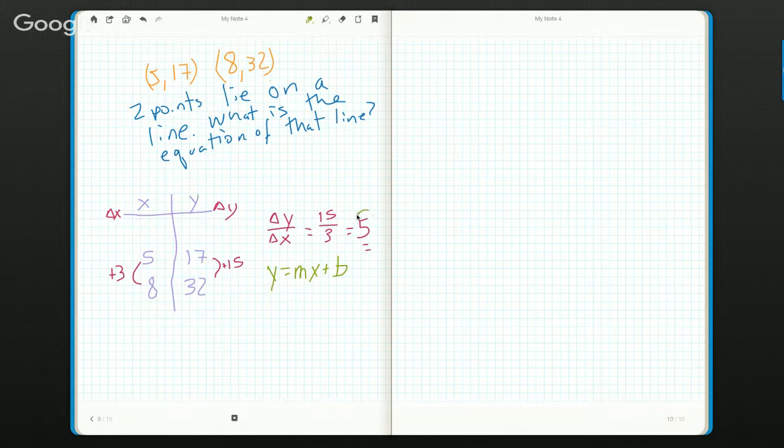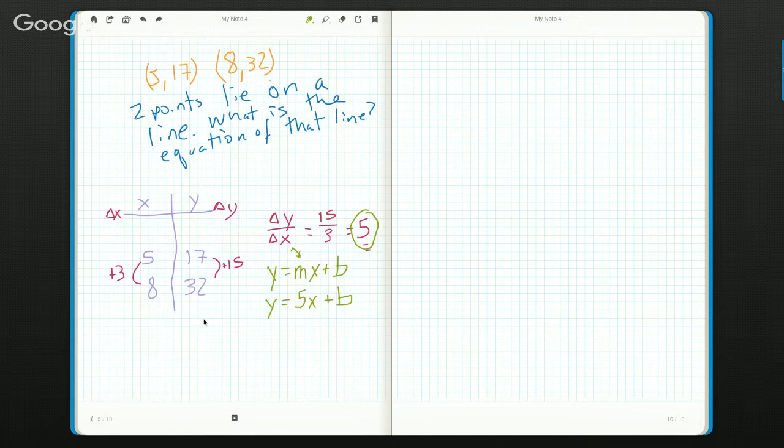Now we know that this number, our delta y over our delta x, is another word for our slope. So we know that our formula must be y equals 5x plus b. So we're getting close here.